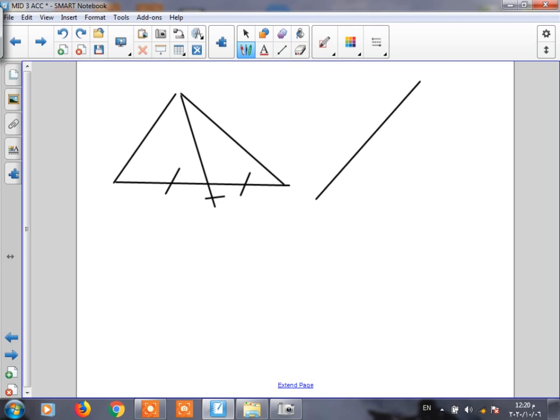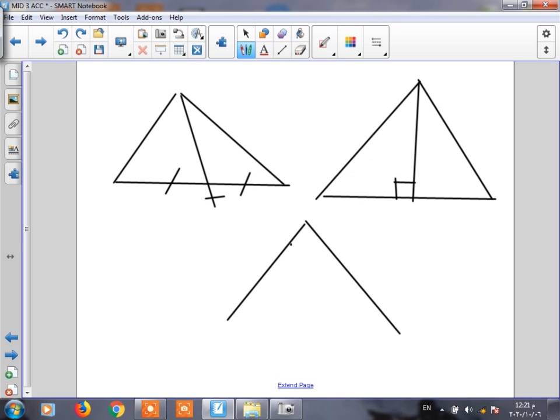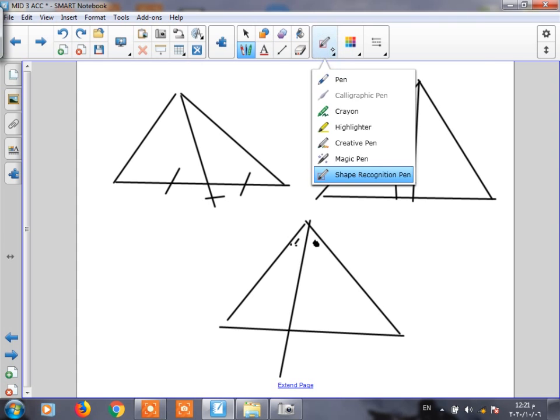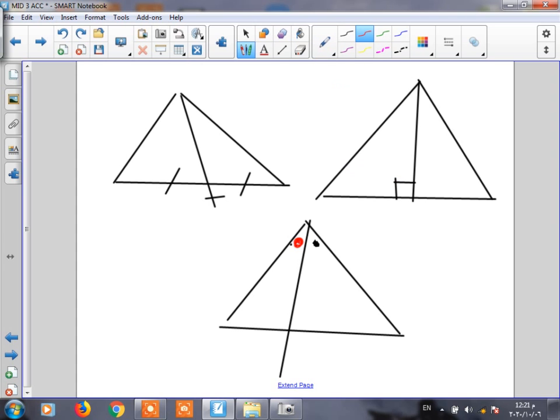But if I have a triangle like this, and I make this line and I find a 90 degree angle, that means it's a perpendicular. And also, if I have a triangle like this, and I make a line like this, and I find that this angle equals this angle, that means bisector.